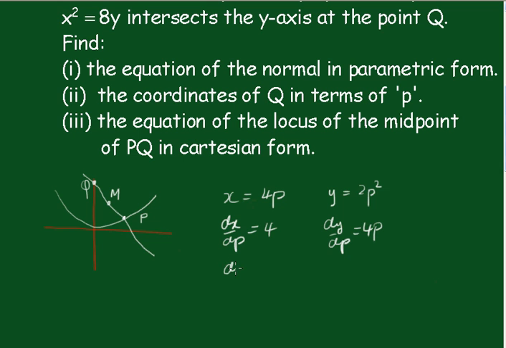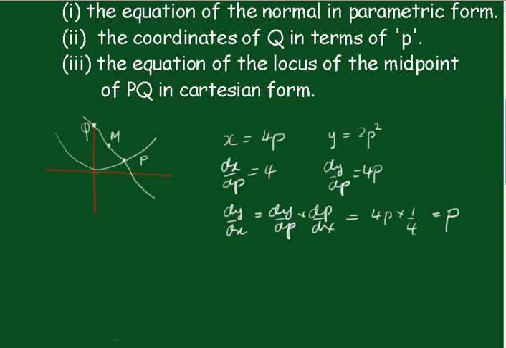Using the chain rule, dy/dx equals dy/dp times dp/dx, which equals 4p times the reciprocal of this one, 1 on 4, which again equals just p.